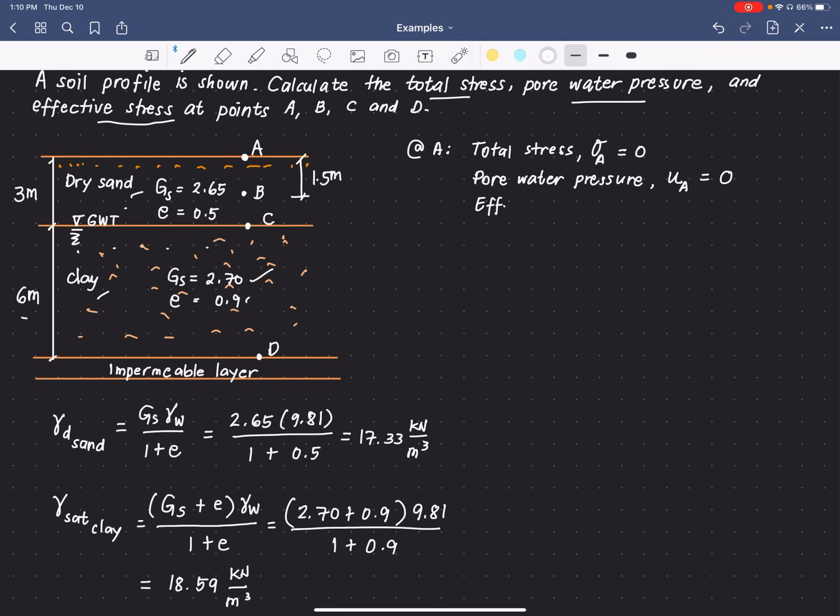Then, with these values, our effective stress at A, which is denoted as sigma sub A prime, is equivalent to sigma sub A minus the pore water pressure, or u sub A. Since they are both 0, the effective stress at A is also equal to 0. So obviously, there is no stress that can be developed at point A. Let's now proceed to point B.